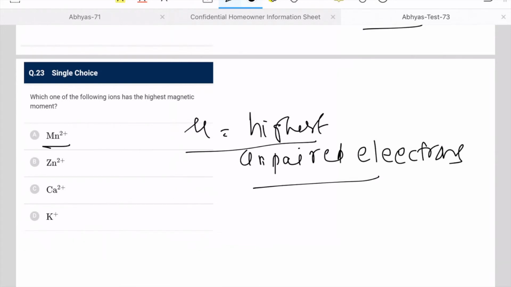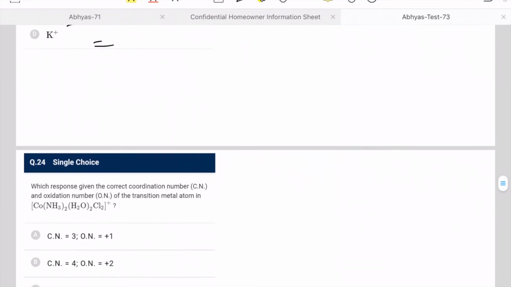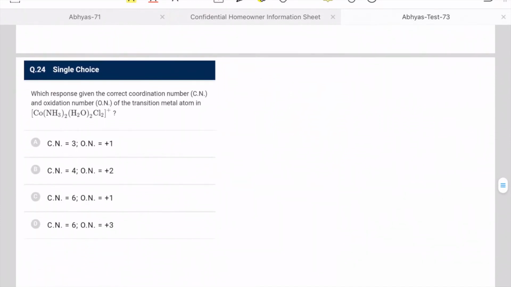Mn2+ will be a d5 system. Here a d10 system will be there, so no unpaired electrons in the outer orbit, so 0 will be there. Here also 0 will be there. So Mn will be the correct answer. Next we'll go to the next question.